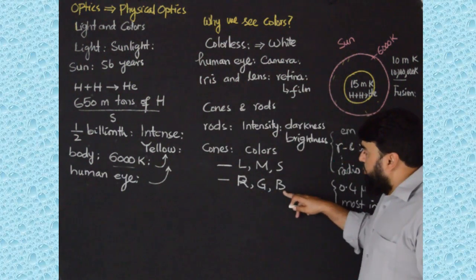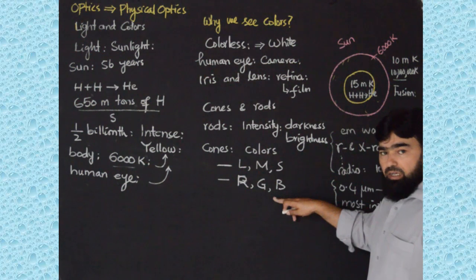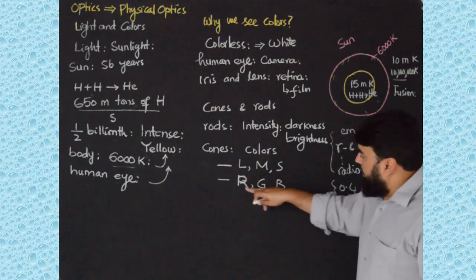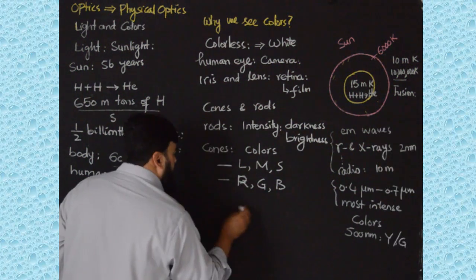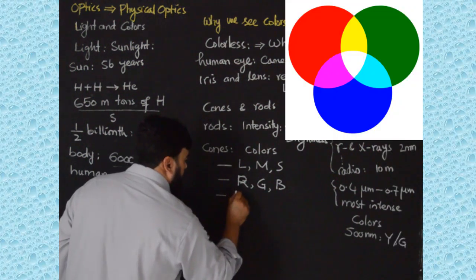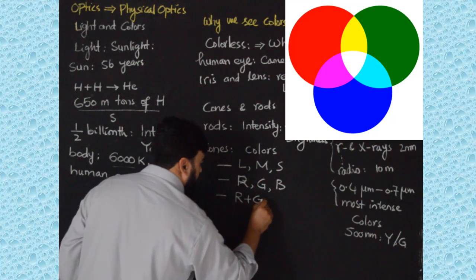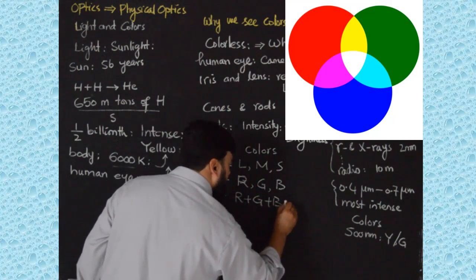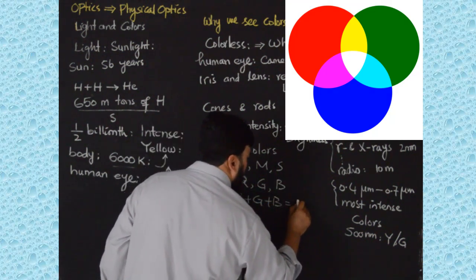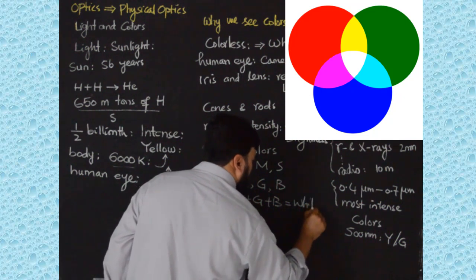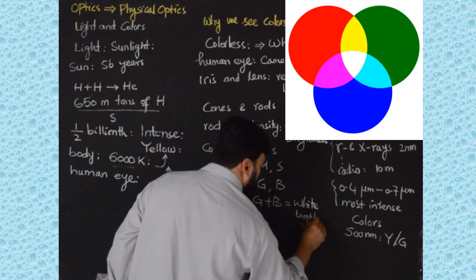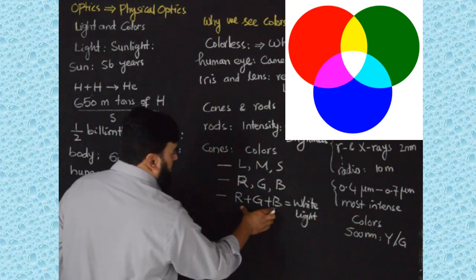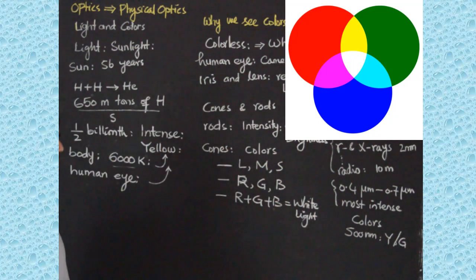Red, green, blue are the fundamental colors, and all the rest of the colors are combinations of them. When these three colors combine, R plus G plus B, we get white light, or colorless light. When they combine in different proportions, they give different colors.